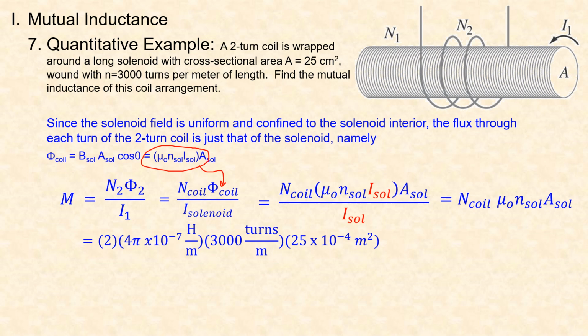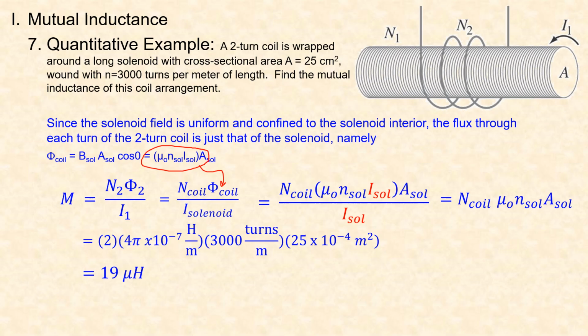For the solenoid, the number of turns per length is 3,000 turns per meter, and we will plug in the cross-sectional area of the solenoid after we convert it from square centimeters to square meters. When we do the number crunching, we get this very small number, 19 times 10 to the minus 6 henries, which is about 19 microhenries.